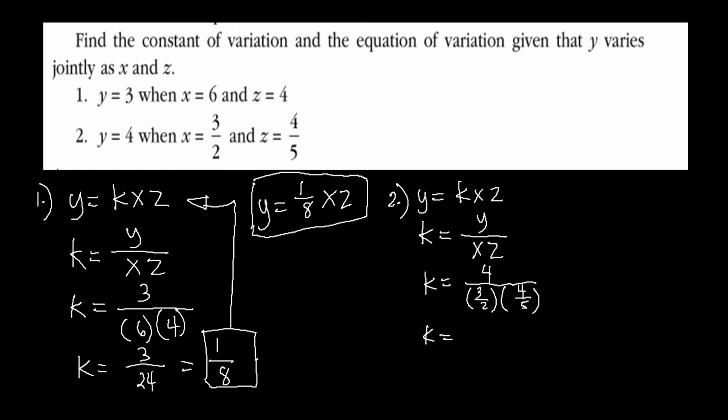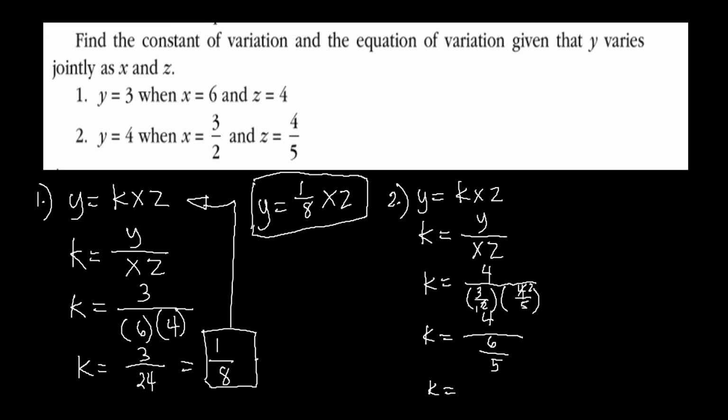K is equals to 4. Unahin muna natin yung denominator kasi complex yung denominator. So we need to multiply. Okay, we need to use the cancellation method. So we need to multiply 3 times 2 is 6. And we have 1 times 5 is 5. Okay, further we have k is equals to 4 over 6 over 5.